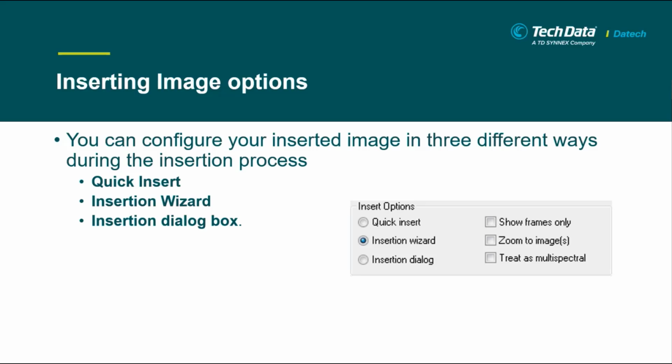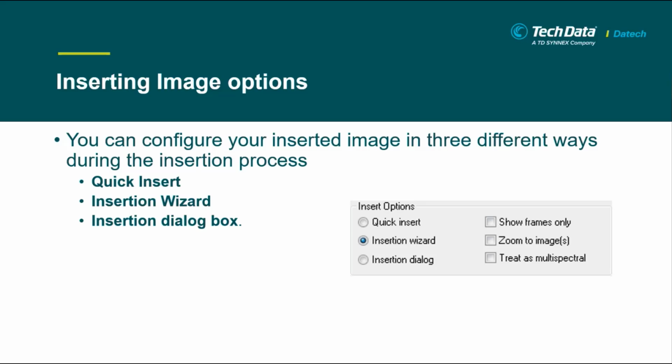So, what is the difference between them? The quick insert option applies automatically and correlates the color, or we can see the layers, during the image insertion, and no additional options are required for this particular task. If you're using the insertion wizard, it is recommended for new Raster Design Toolset users.